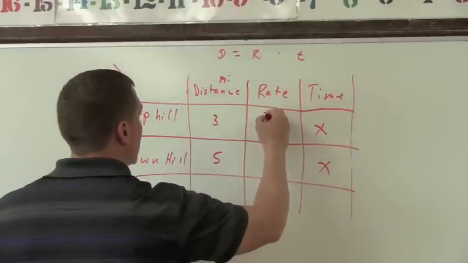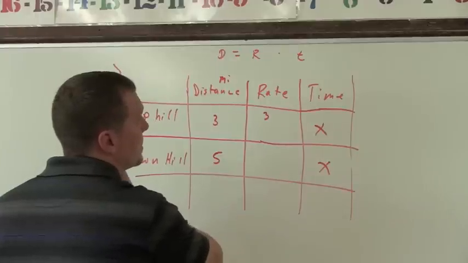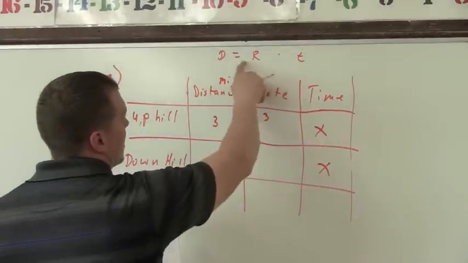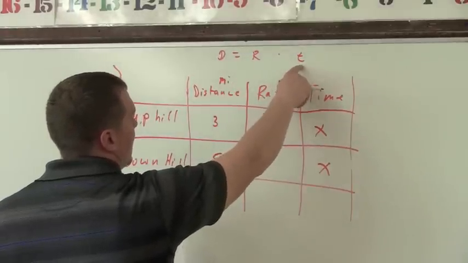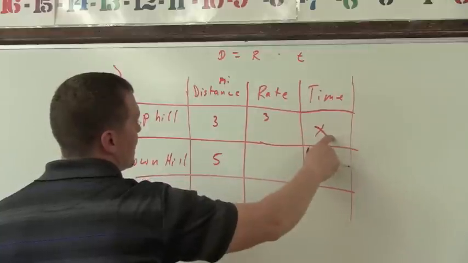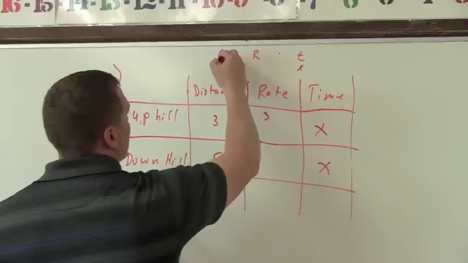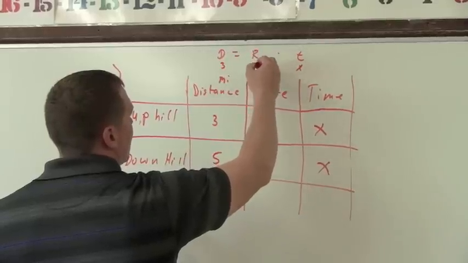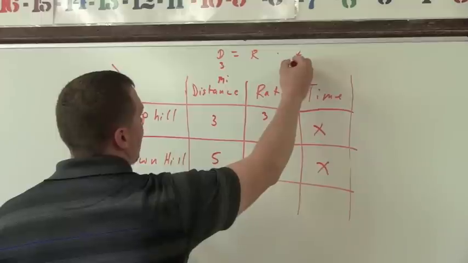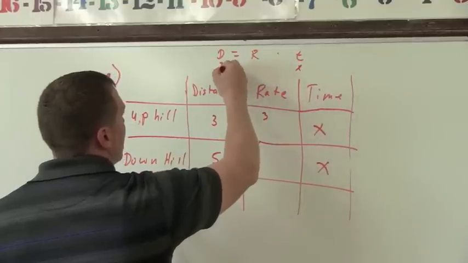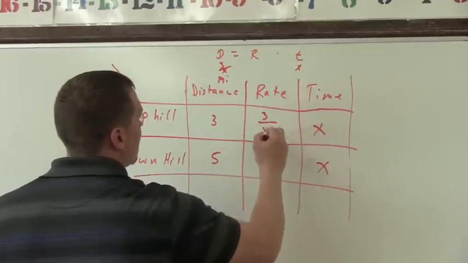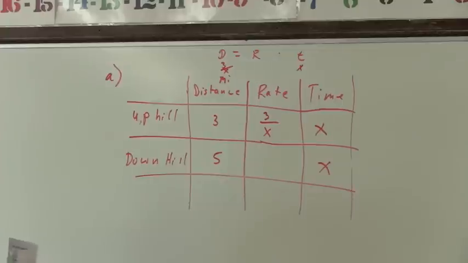Since distance equals rate times time, to get rate by itself I divide by x, so the rate would be 3 over x.